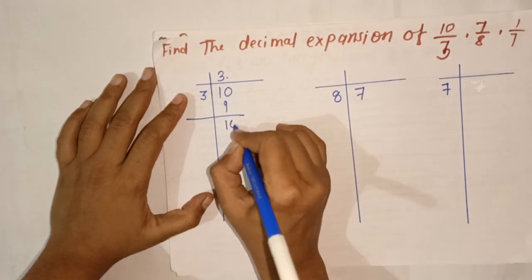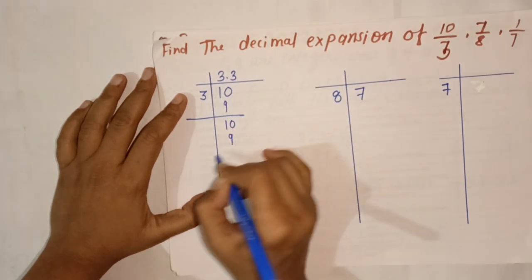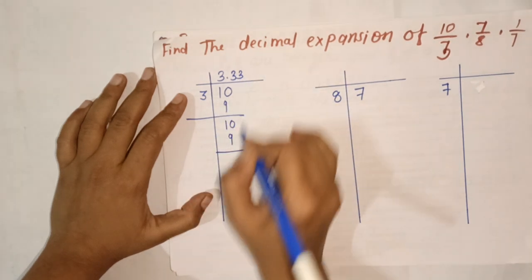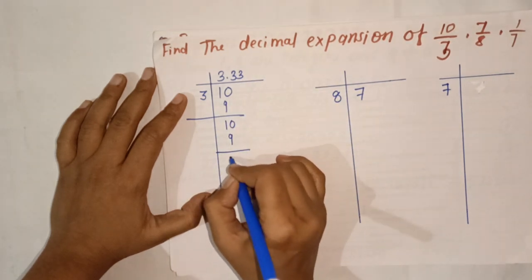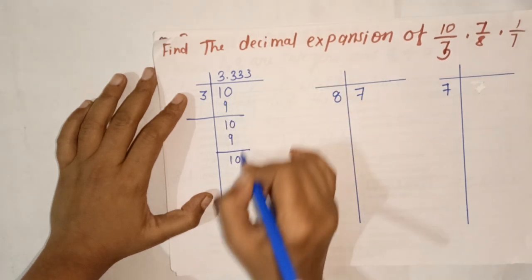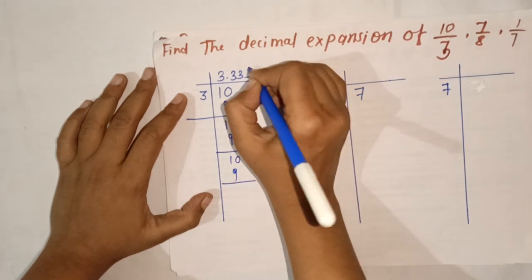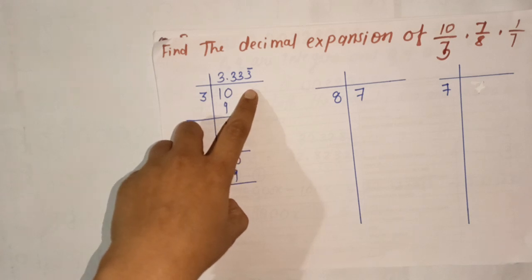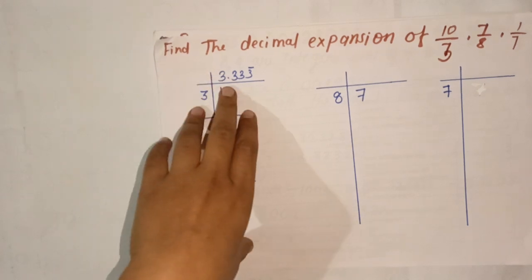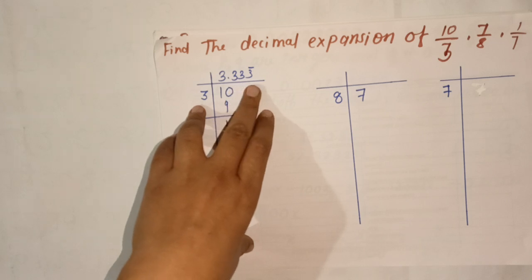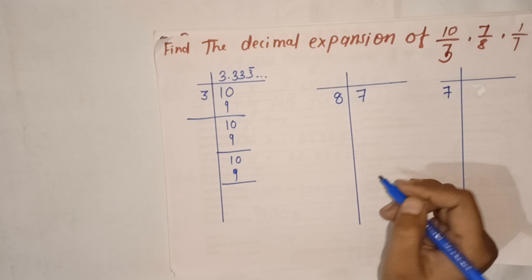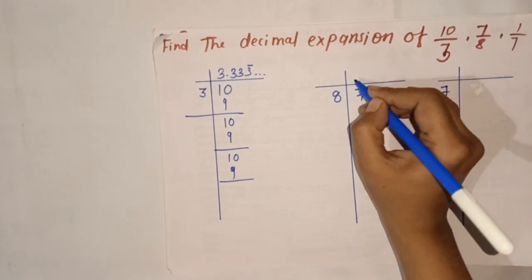We have to put a decimal, then we start like this and we will get 1. Then again we divide by 3 and we get 1 again. So we are continuously getting the same number here. So its decimal expansion will be 3.333 and so on.